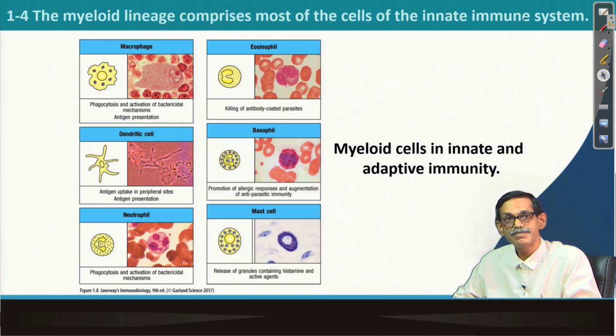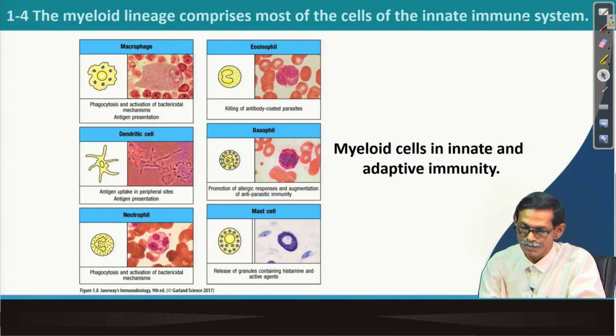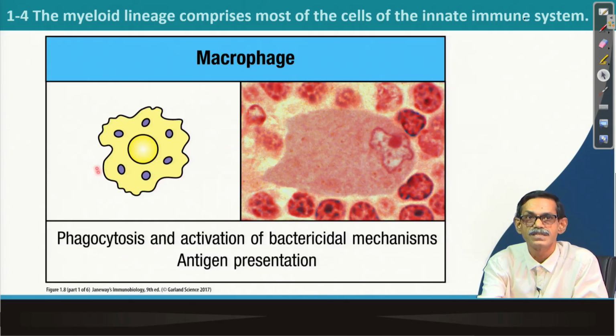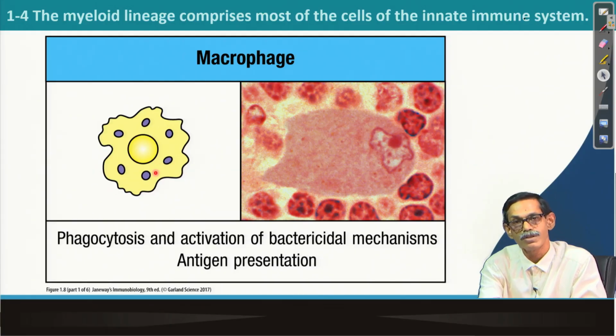This left side cartoon we are going to use throughout the course in my lecture. For example, the macrophage. This is the cartoon. So, we are going to use this throughout all the slides or presentations that we are going to see. So, what is this macrophage doing?